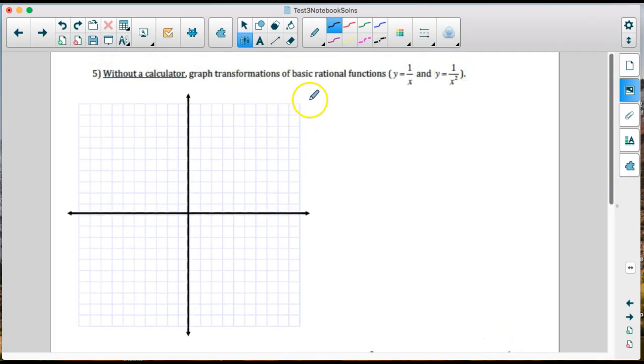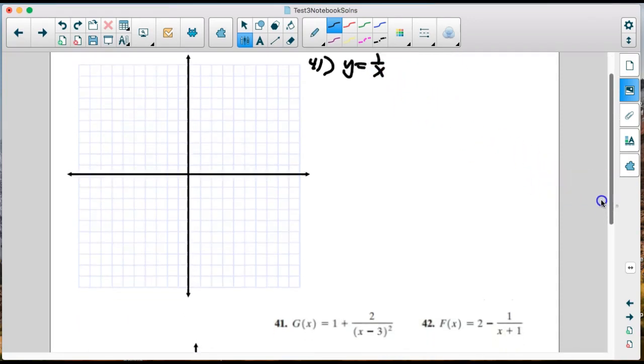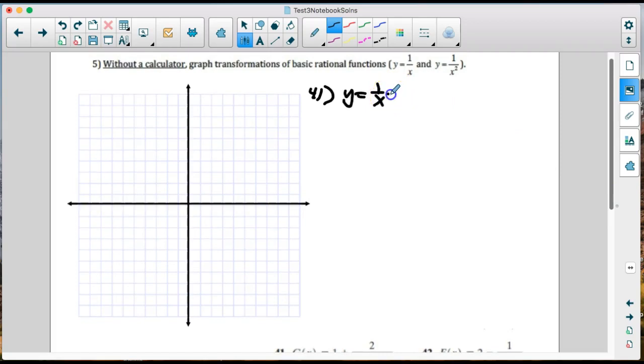So we're going to do 41 here. 41 is going to be the relationship to 1 over x squared.